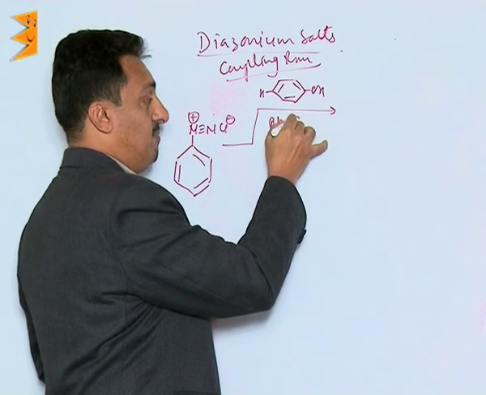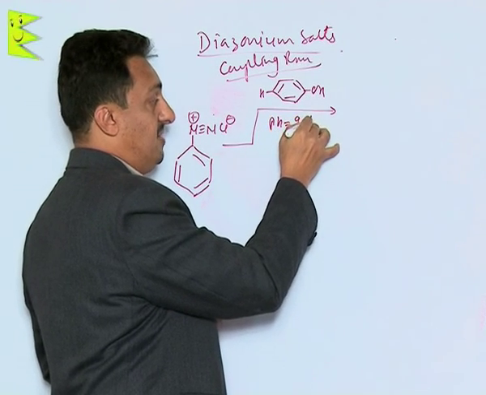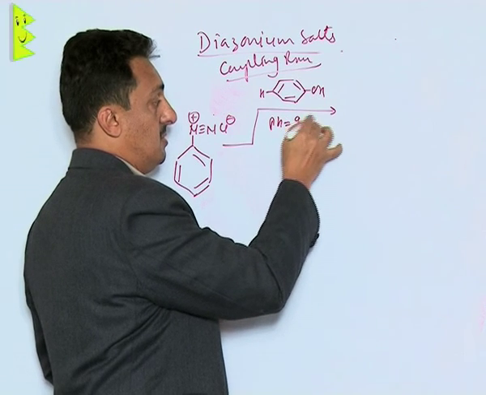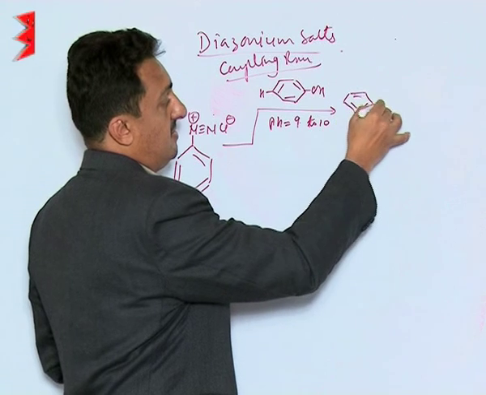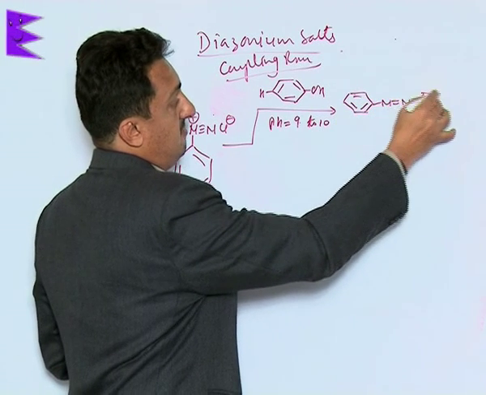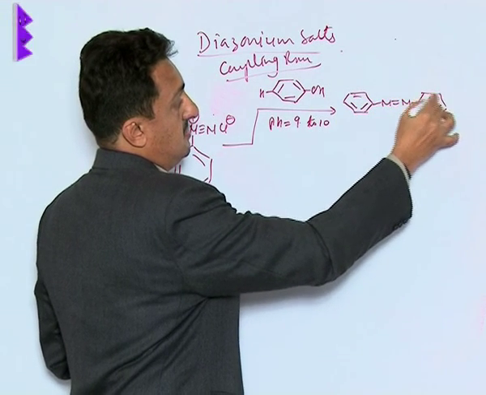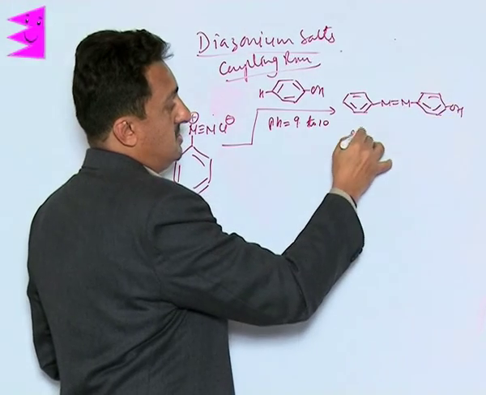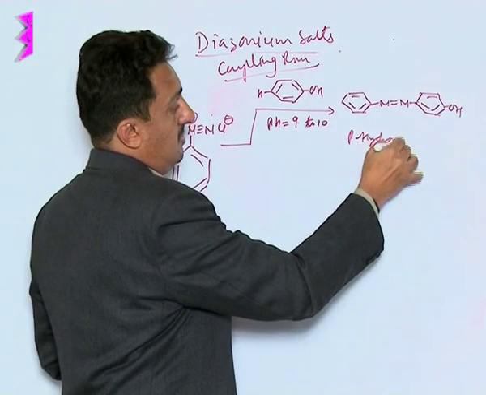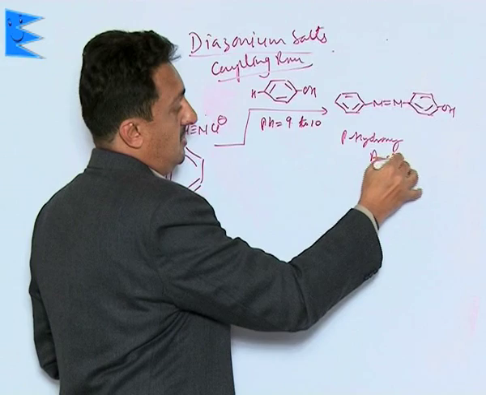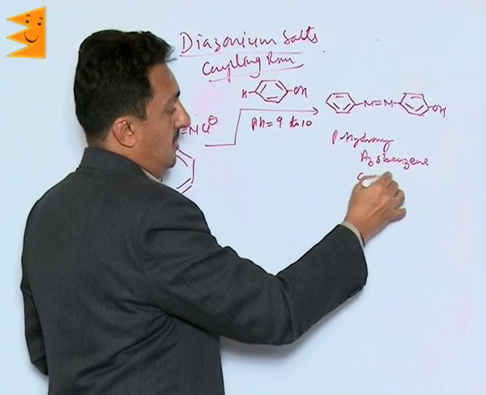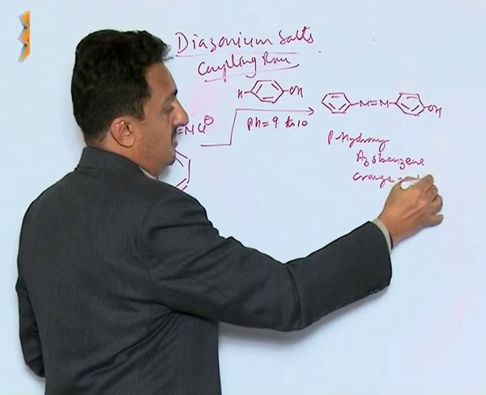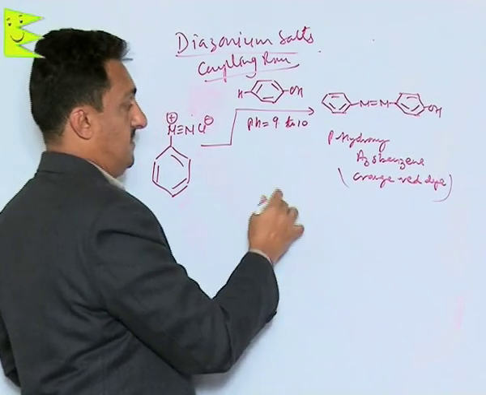The reaction is carried out in a basic medium of pH 9 to 10. What we get is this compound. This is called para-hydroxyazobenzene, which is an orange-red dye.